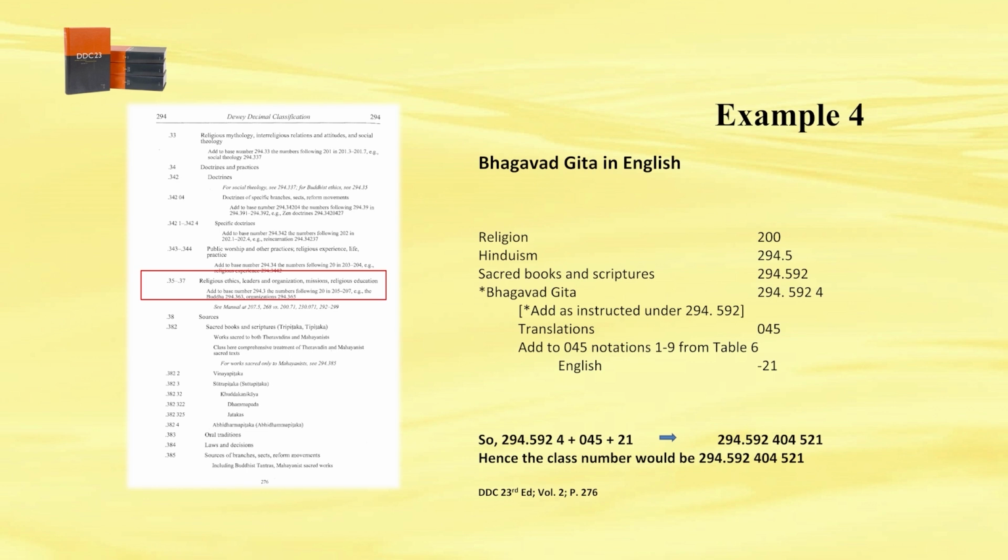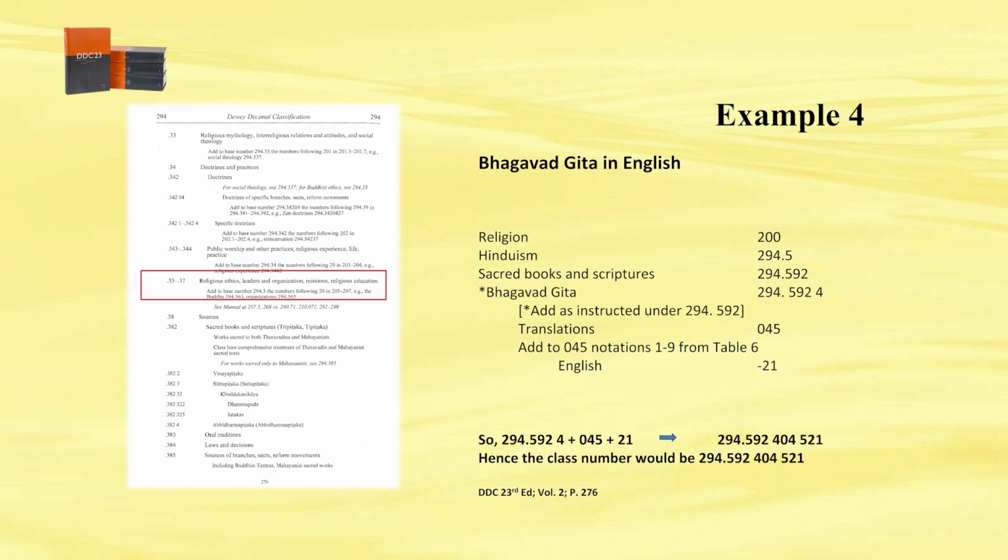So, there is an extended subdivision under 294.592, and from there we can use the translation 045. Under 045, there is also an add instruction. It tells us to add to 045 the notation 1 to 9 from Table 6.